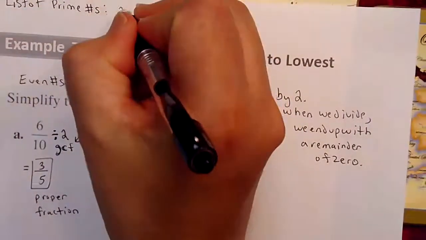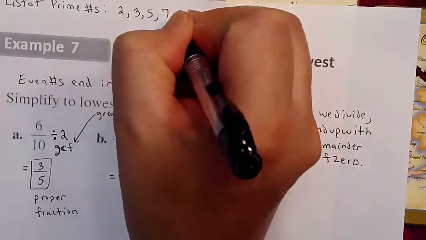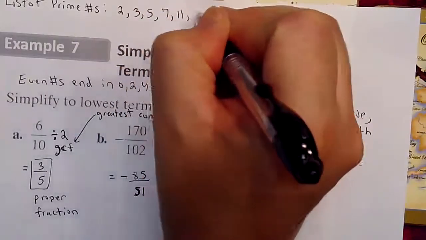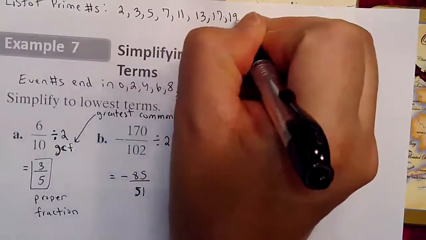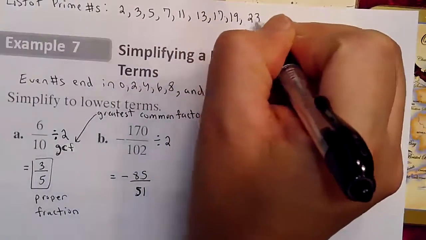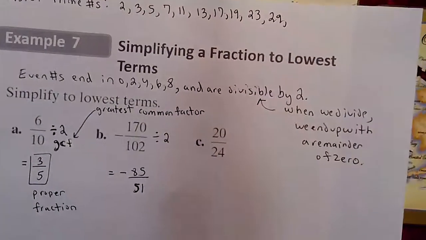So I would try to reduce by 2, and then if not by 3, 5, 7, 11, 13, 17, 19, 23, 29.